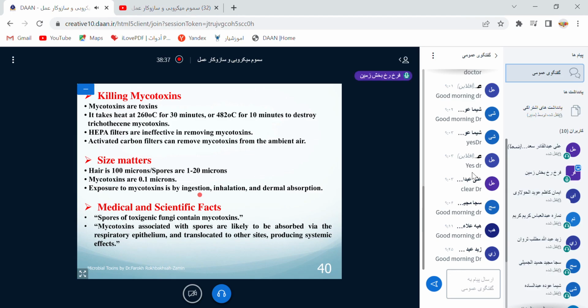For example, suppose you take corn or maize in your hand, a maize fruit containing spores of a fungus which contains mycotoxins. These mycotoxins can be absorbed through the skin of your body.